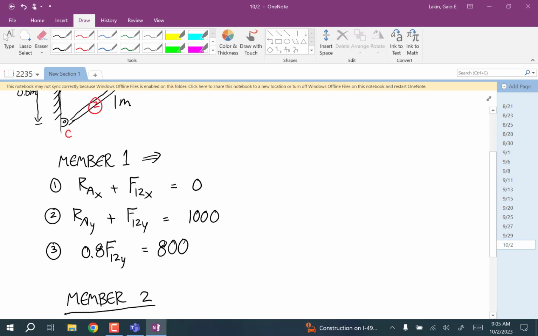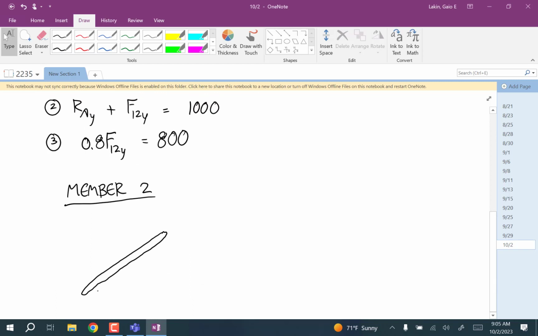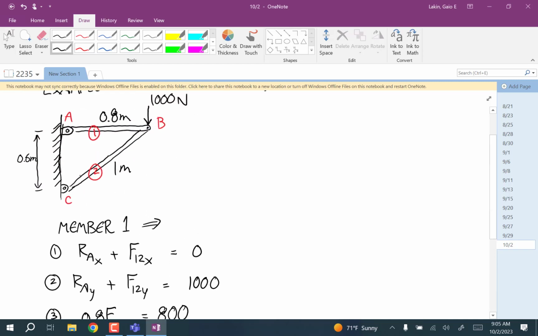And member 2 makes contact with, okay, so down here at the joint C, there's only one numbered member. So we're going to think of the pin as part of member 2, and I'm just going to call this RC. Why would I call that RC and not F on 2 by the ground, F2G?